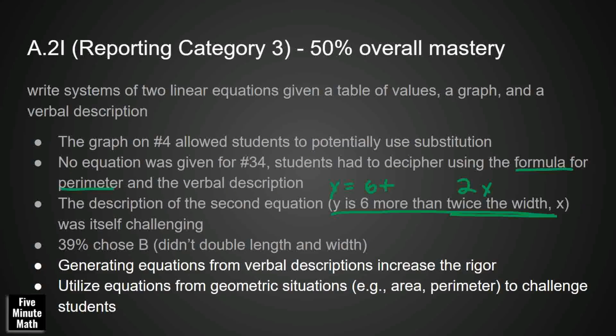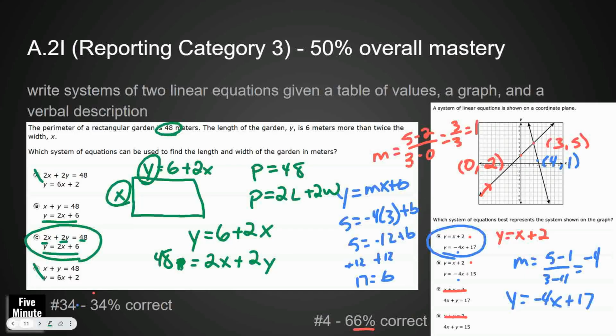And 39% of our students got really close. They chose B. They did all this work. That's actually more than the correct answer. They just didn't double the length and width. They got that y equals 2x plus 6. They didn't remember the correct formula for perimeter, and they didn't double the length and double the width.